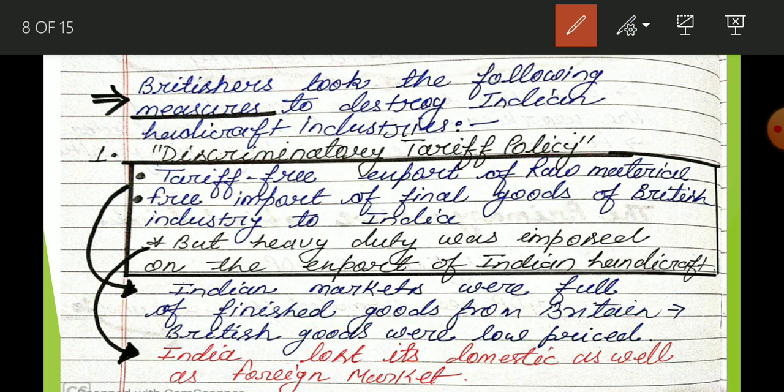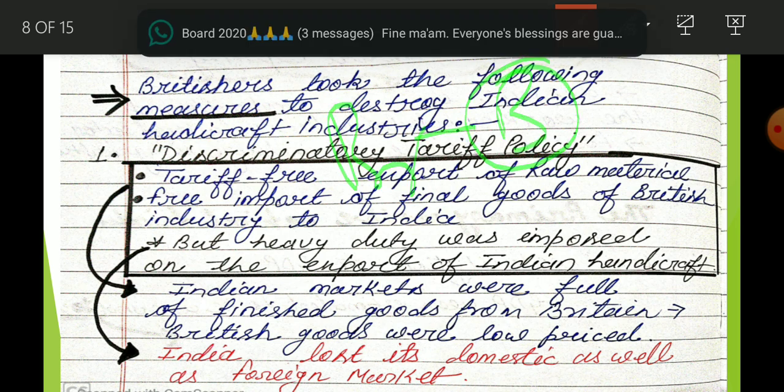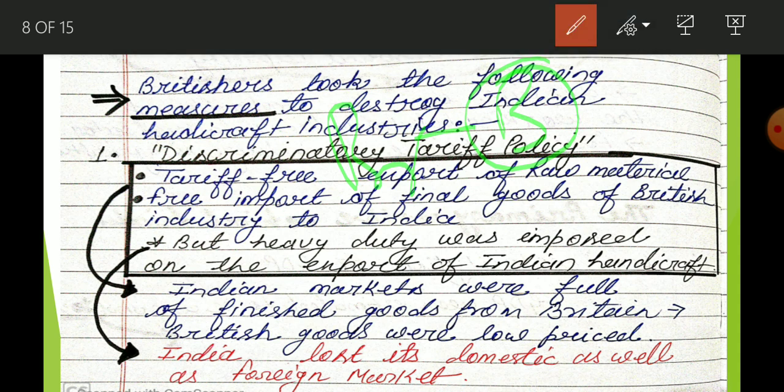Suppose a person B belonging to Britain purchases 4x at rupees 10, and they do not have to pay anything when they are going with it to Britain. Again this B will come to India and sell the product made from this 4x. Again he does not have to pay any tax, no tax.